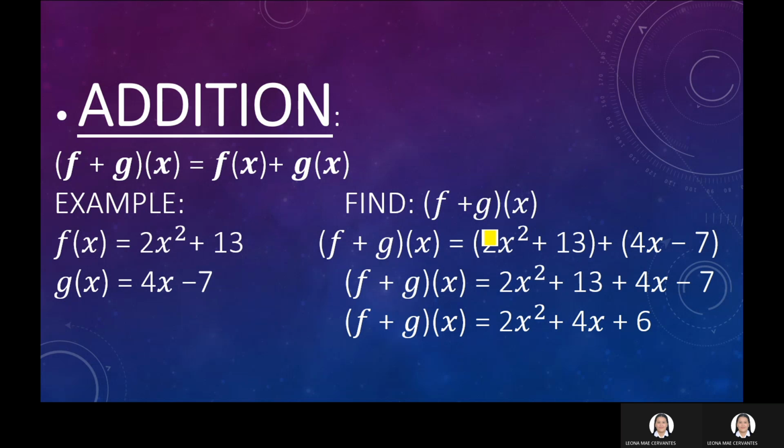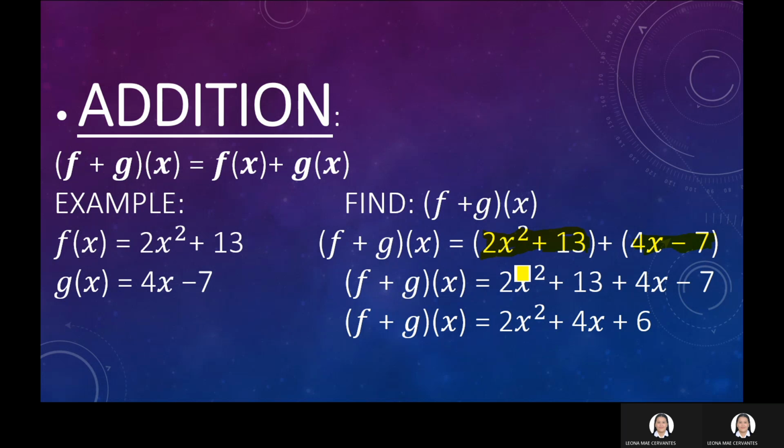So again, for f of x, we have 2x squared plus 13, and for g of x, we have 4x minus 7.